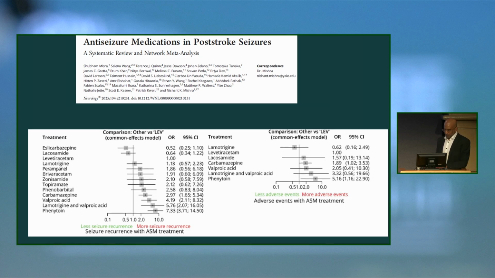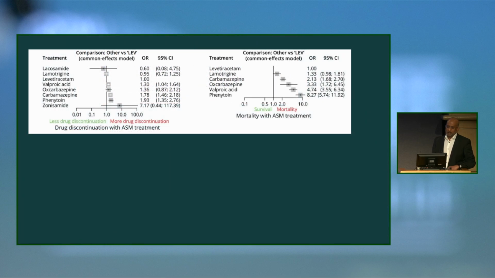And what they found was that eslicarbazepine, lacosamide, and lamotrigine fared very well when compared to levetiracetam in terms of seizure recurrence. The adverse events were worst with phenytoin. In terms of discontinuation of the drugs, zonisamide and phenytoin had the highest discontinuation rates, and mortality was the highest in phenytoin.